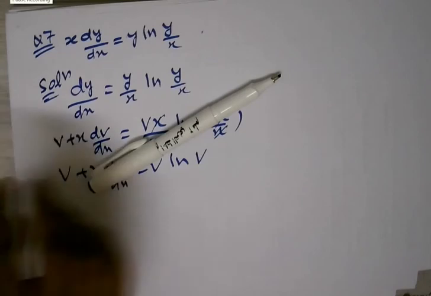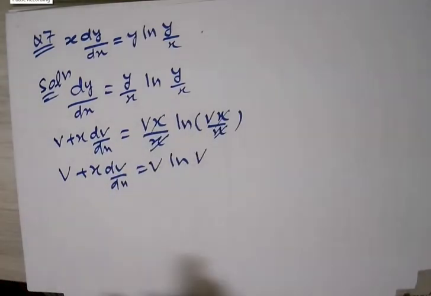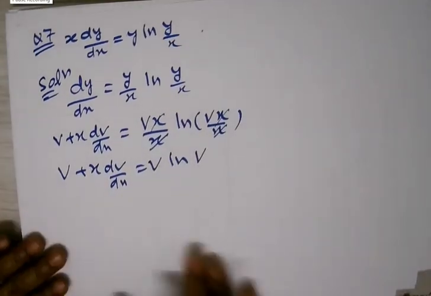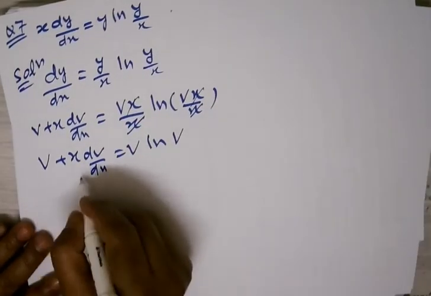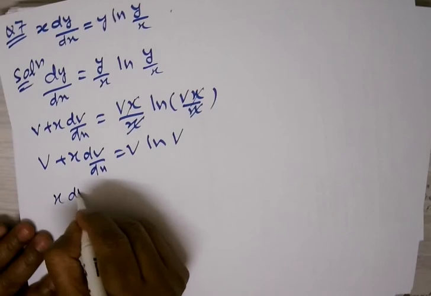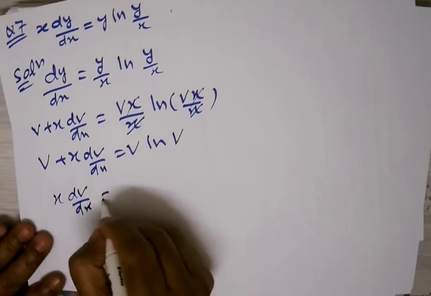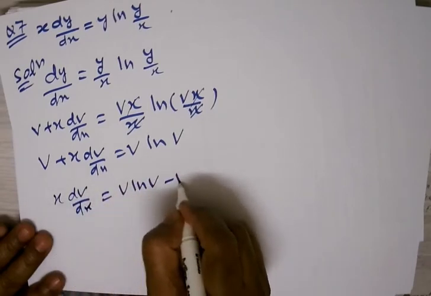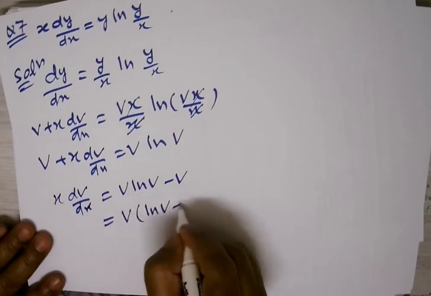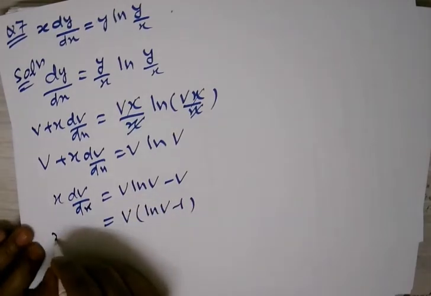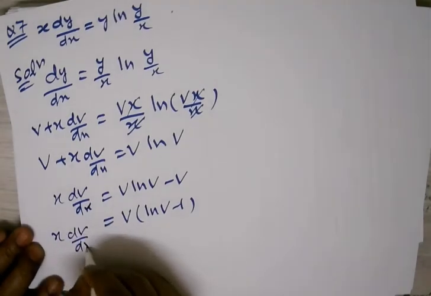Now see that one, v plus x dv/dx, just simplify it. So x dv/dx is equal to v ln of v minus v, and keep v outside as common: v times (ln of v minus 1).